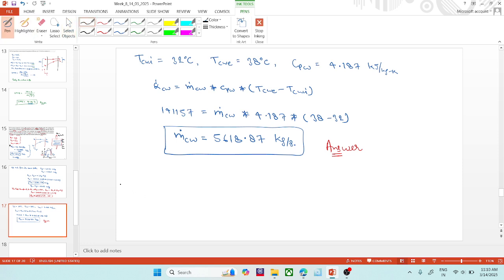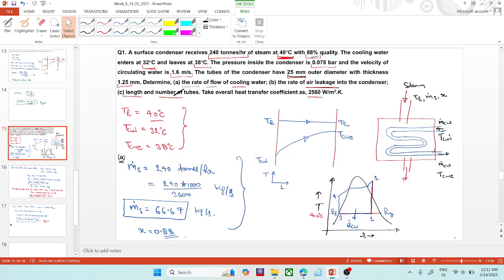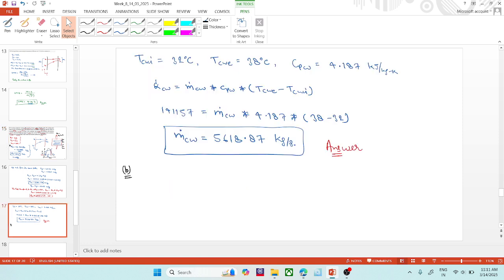Now moving to part B. In part B, we have to determine the rate of air leakage into the condenser.